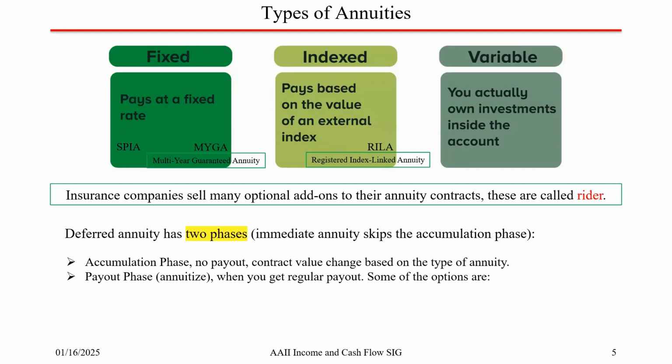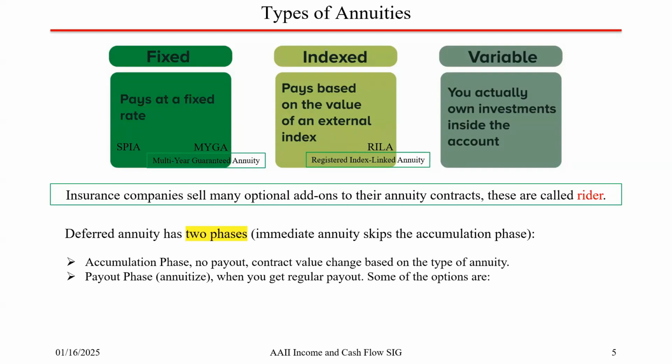Let me just say that the complexity of annuity comes from the deferral. If you get a simple SPIA, a single payment immediate annuity, you give them the money, and they start to give you monthly income. That is very straightforward. Once you get out of that and go into deferral and these other things, it gets complicated.